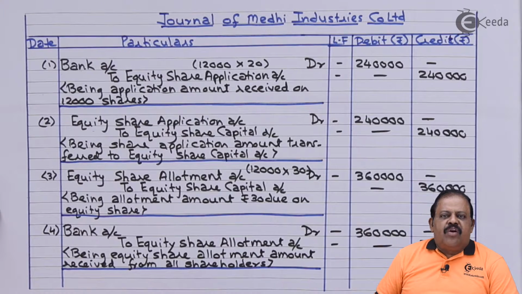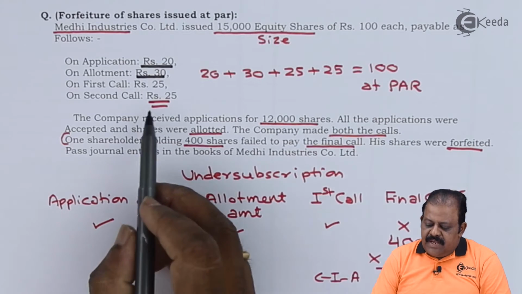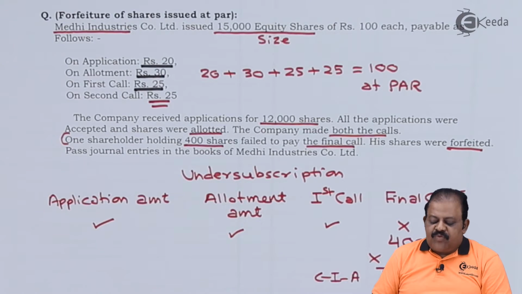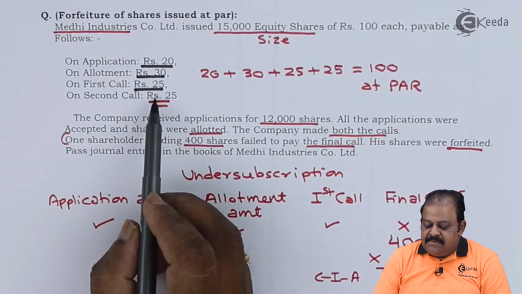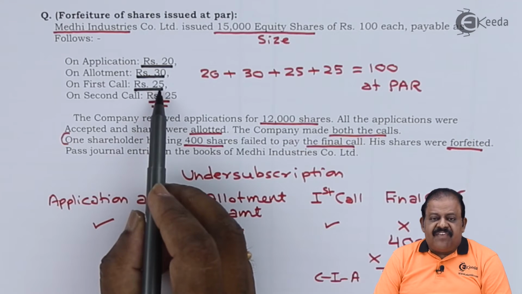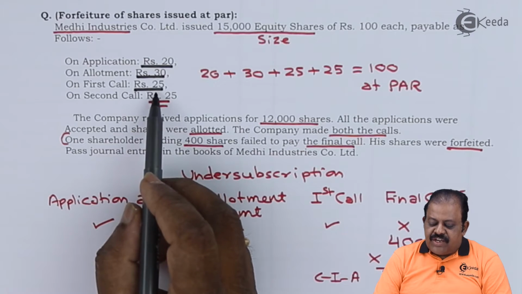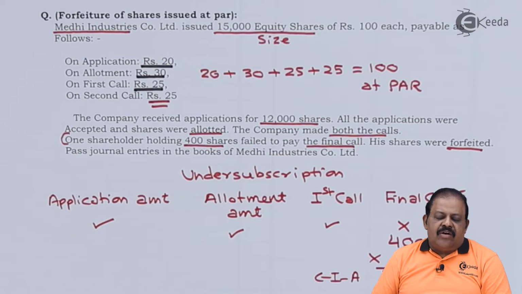Let us proceed to the next stage, that is the share first call stage. Share first call is rupees 25. That means from every shareholder, the company demands 25 rupees of first call. The company sends letter to all shareholders and records entry for first call amount due.